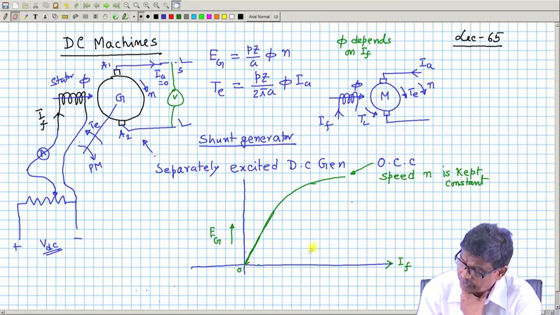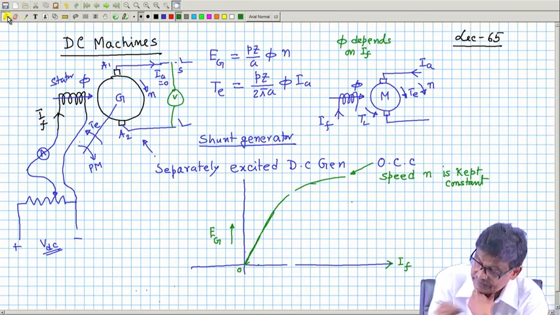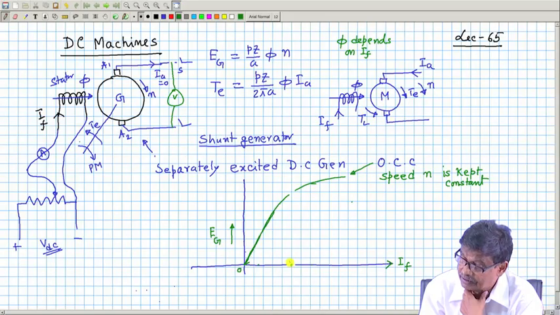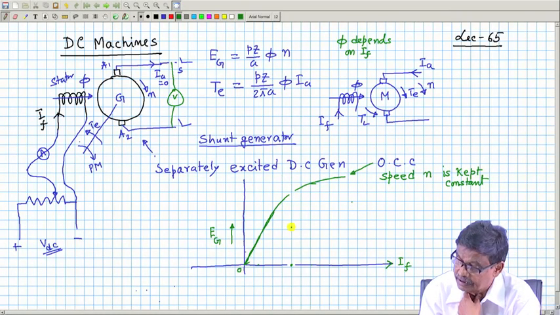For a given field current, suppose at this field current this was the induced voltage at n rpm. If you make the speed half, this induced voltage will also become half, that is, it will be here. Got the point?